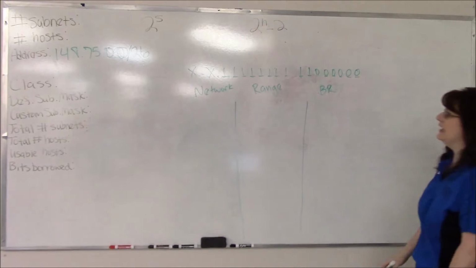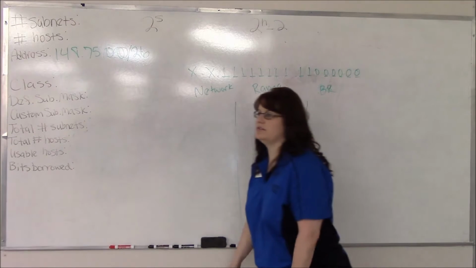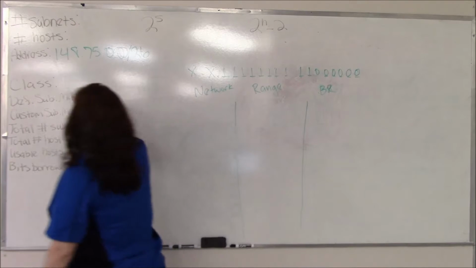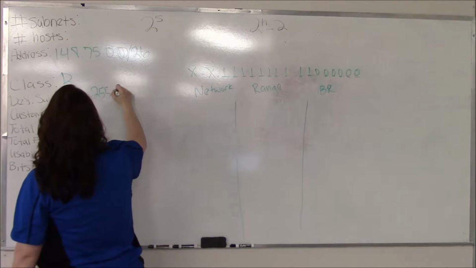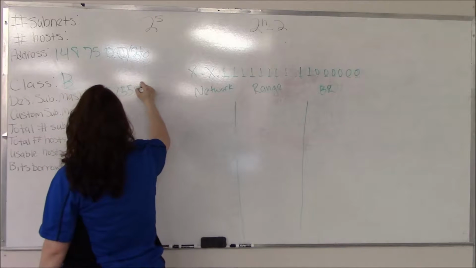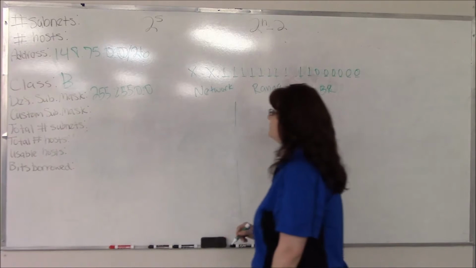So we end up with this again. But let's see how everything else gets changed. What class of address is this? Still a B. Our subnet mask default is the same. Number of subnets?